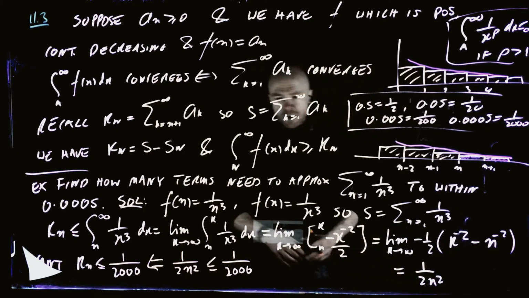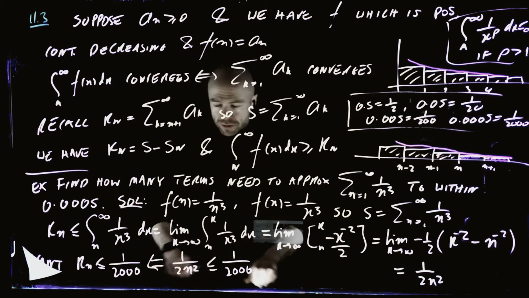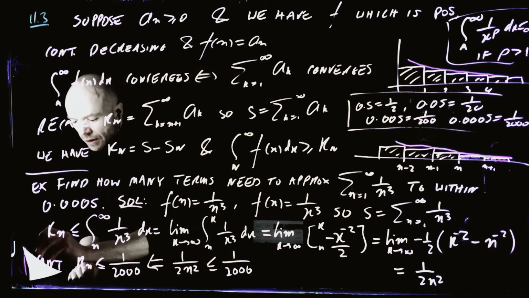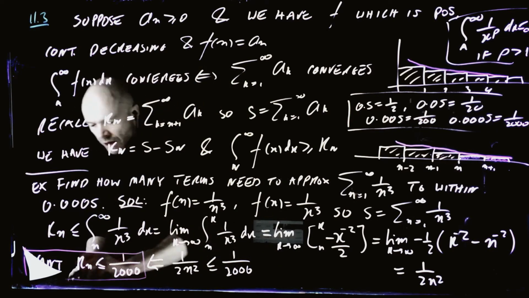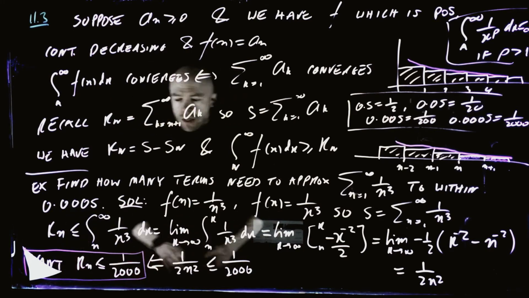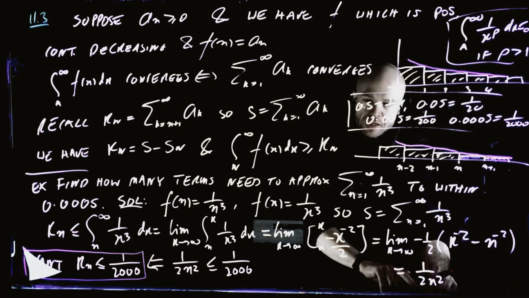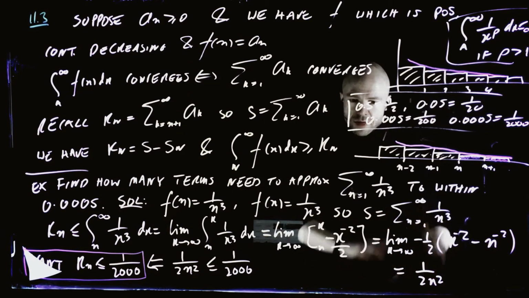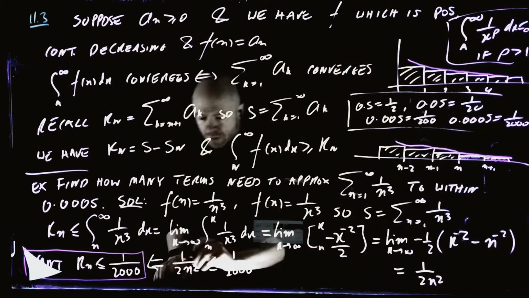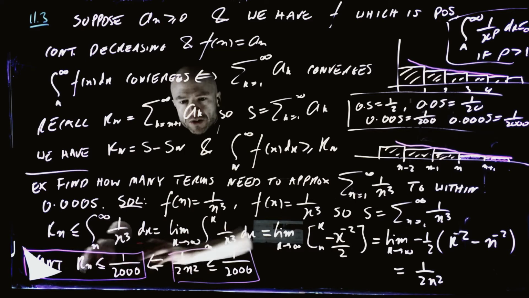So to get the logic right, so you don't confuse yourself, write down what you're trying to do. What you're trying to do is ensure that you're within 1 over 2000. So this is what you want. And since you know that Rn is controlled by 1 over 2n squared, therefore, what you want is given by this estimate. So if you have this estimate, you have what you want.